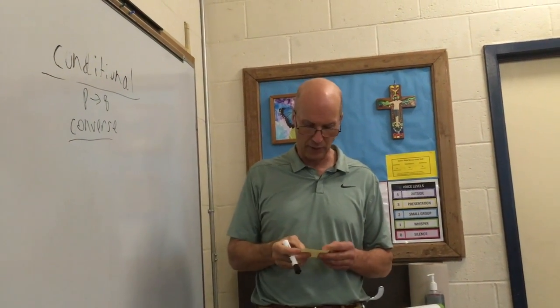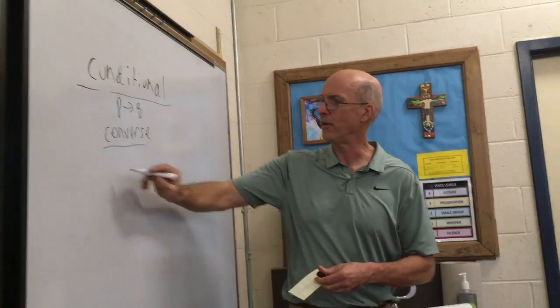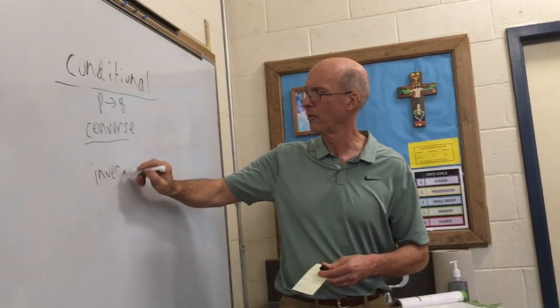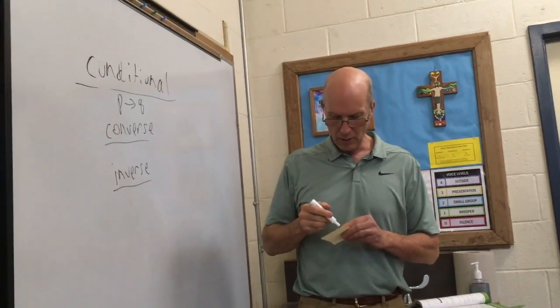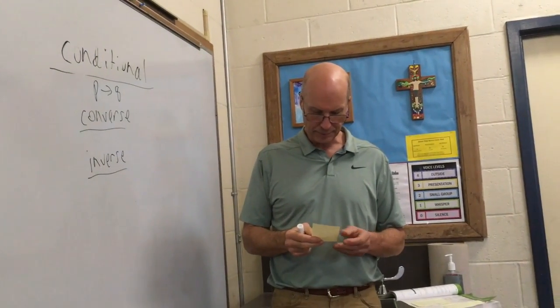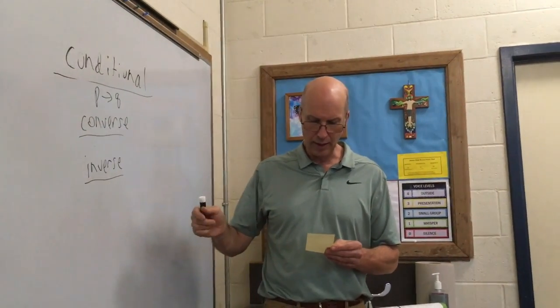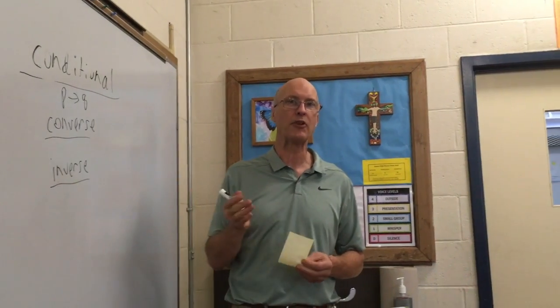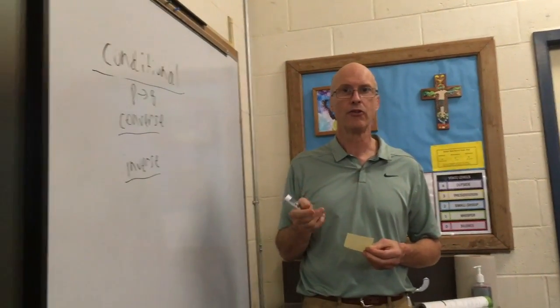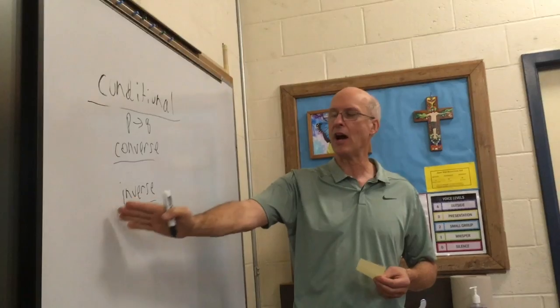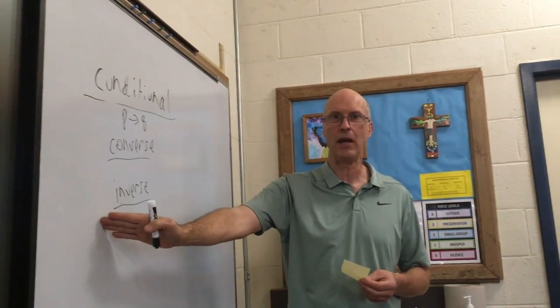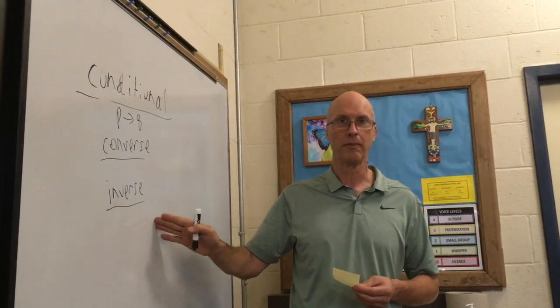That's an example of a converse. You have an inverse, which is when you negate both parts. So for instance, if it is not Husky game day, then I am not wearing purple.